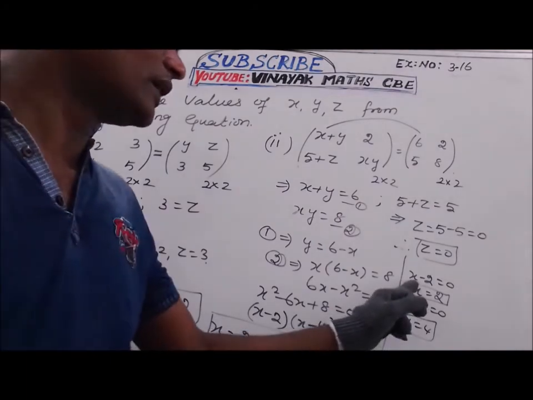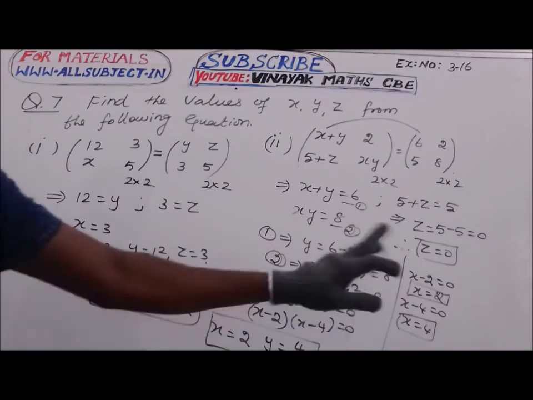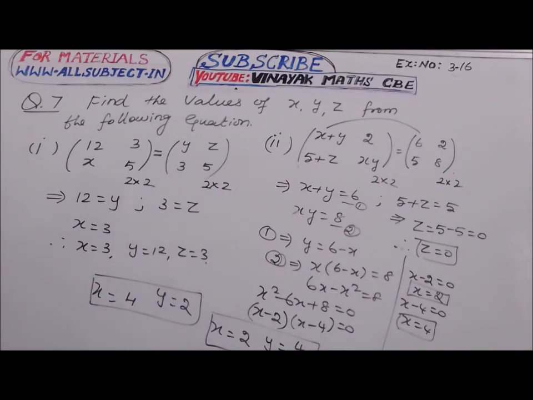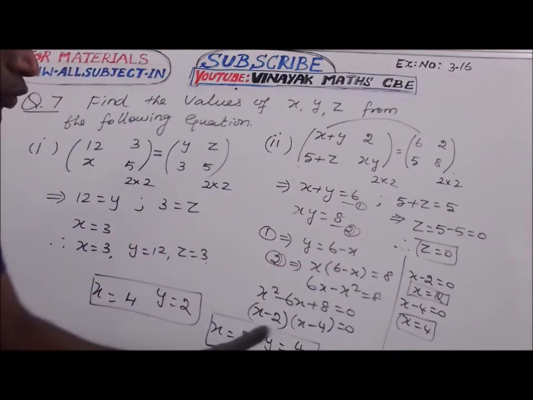For x we have two values 2 and 4, and for y we have two values 2 and 4, and z is 0. So x is equal to 2 and 4, y is also equal to 2 and 4, z becomes 0. Therefore the values are 420 or 240.